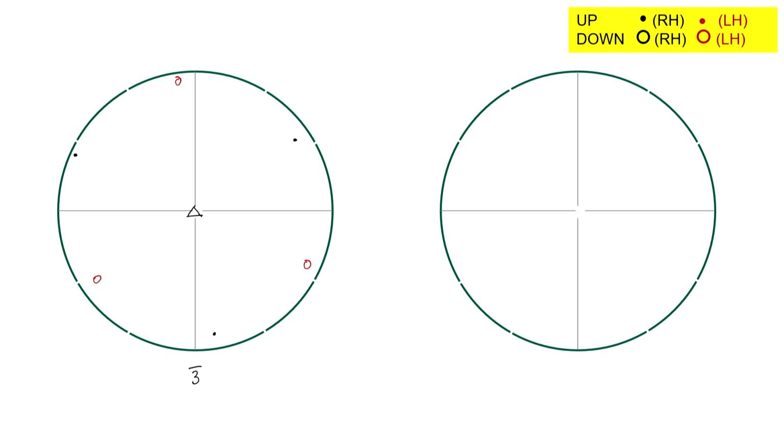I also see an inversion, that all points, the black and the red, can go into self coincidence by inversion, and their handedness will change appropriately. So, for example, this one, if I invert, so this is down position, it goes to up position and the handedness changes correctly. So, therefore, there is an inversion center as well, which I represent by a small circle.